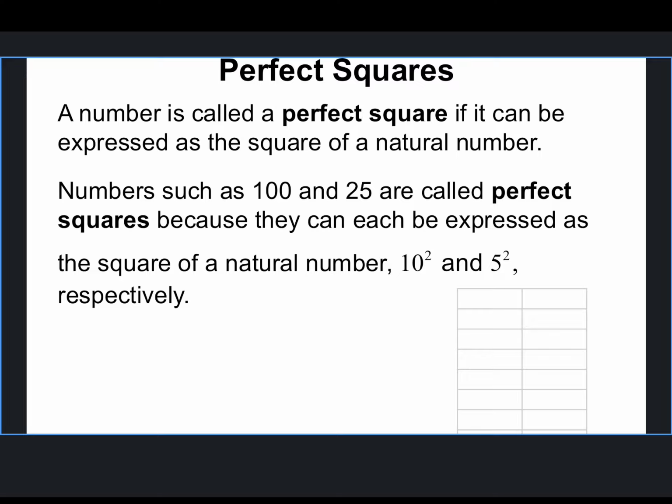Sort of makes sense because those are the numbers we count with, right? So they're natural numbers. So 100 is a perfect square, or 25 is a perfect square because 10 squared is 100 and 25 is 5 squared.